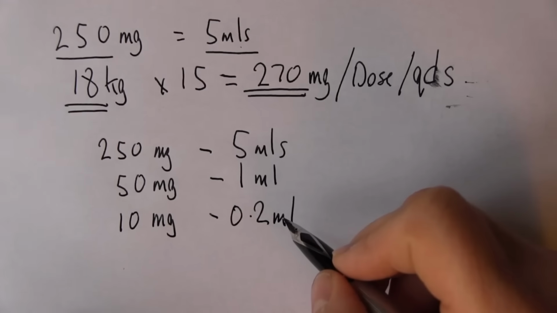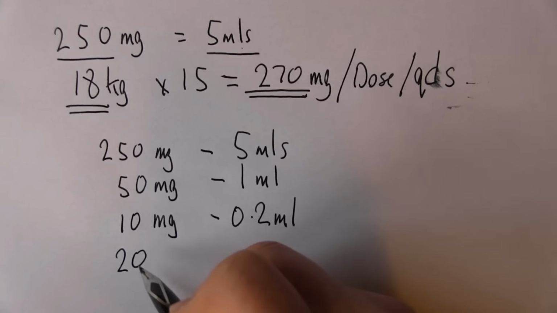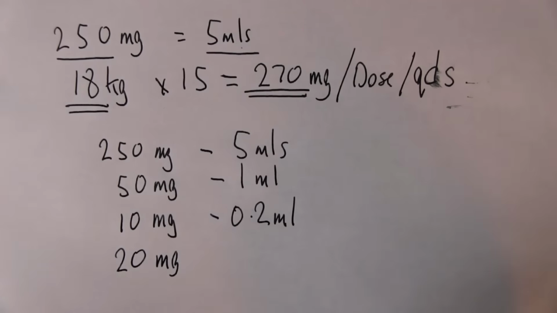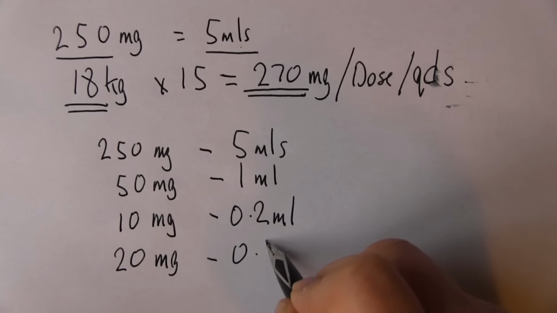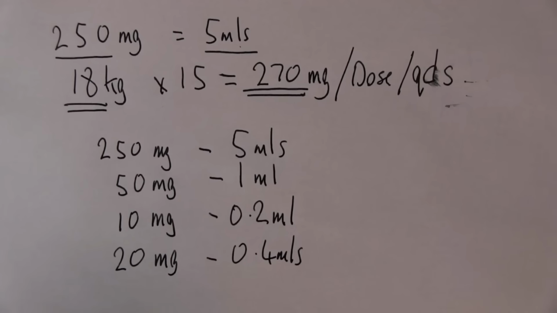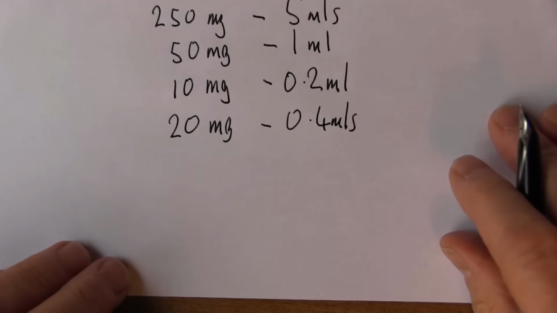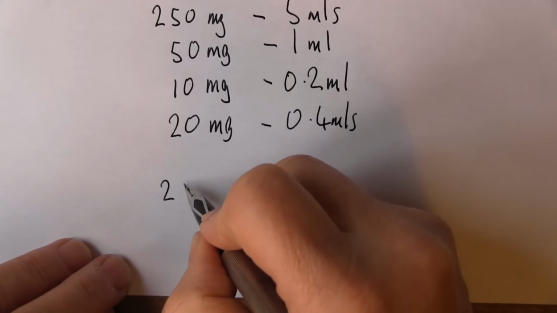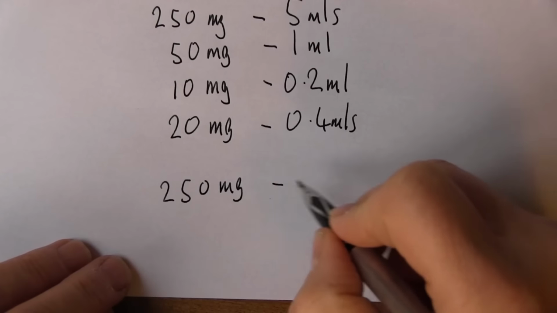And in fact, we could go further. We could take 20 milligrams. So we're multiplying 10 by 2 now, and that's going to equal 0.4 mils. So I can see that I'm quite certain of that. Now, what I want to do is give 250 milligrams, and I know that's in 5 mils.